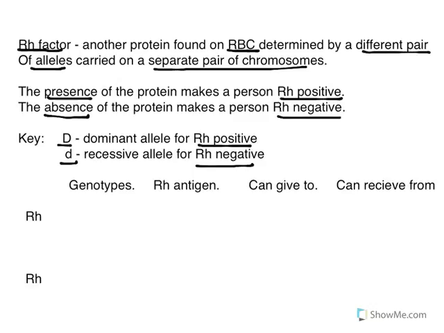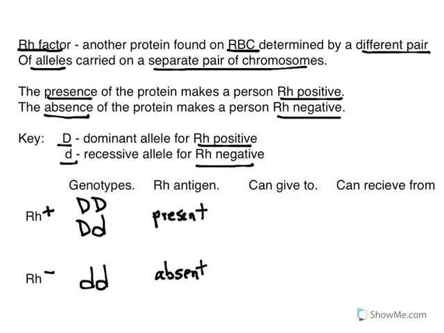So if we're looking at Rh positive and Rh negative, the genotypes that can determine each of these, using the letters in our key: if you're Rh positive, you can be homozygous dominant, or you can be heterozygous. But if you're negative, you have to be homozygous recessive. So this means if you're positive, the Rh antigen is present. If you are negative, the Rh antigen is absent.